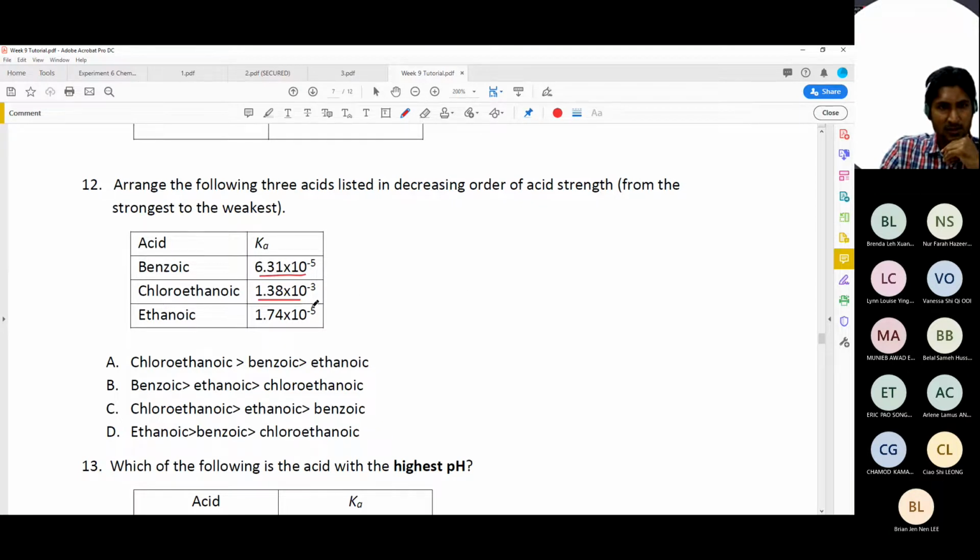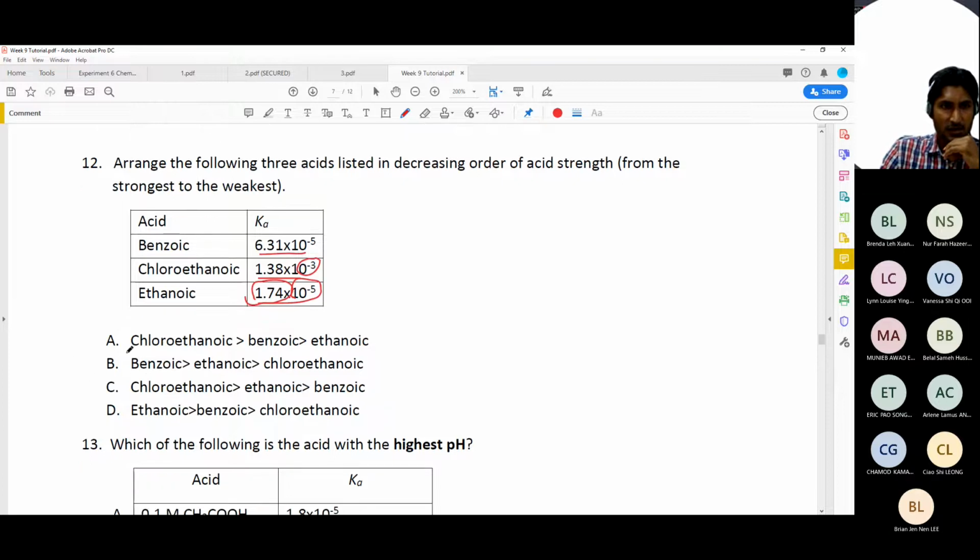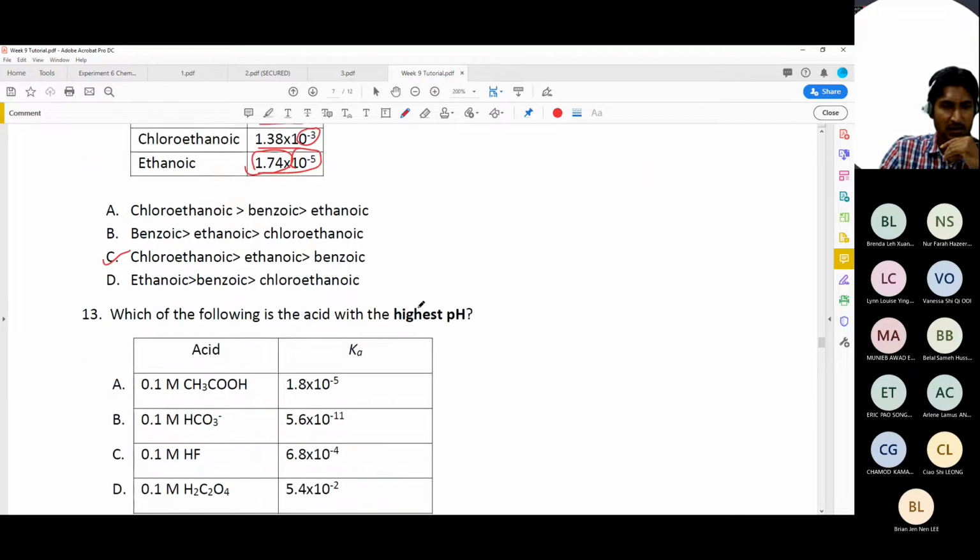Chloroethanoic acid is 1.31 times 10 power negative third, so this is the highest. And ethanoic acid is 10 power negative fifth, which is a bit lower than chloroethanoic. So chloroethanoic acid, of course, and then ethanoic, and then benzoic. This is the order. Chloroethanoic is the strongest, then ethanoic acid, and then benzoic acid, which is quite weak.